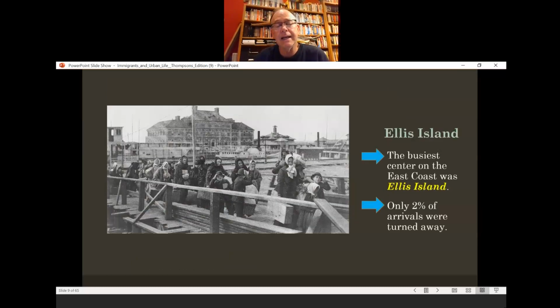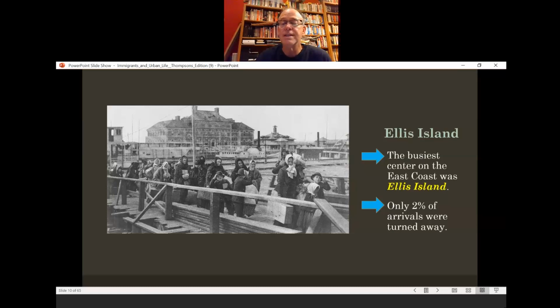Okay, there's a picture of Ellis Island. I mentioned it. It is the busiest processing center on the East Coast, Ellis Island. And when you write that down, look at the second blue arrow. Only 2% were denied access into our country. And we've really been stressing that in class. 98% were successful.